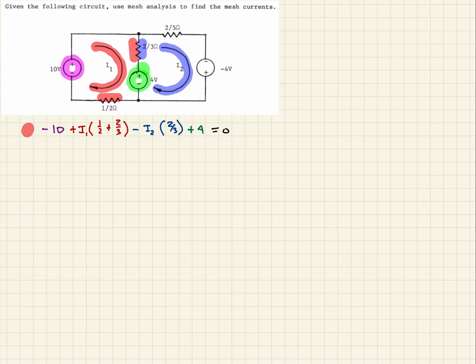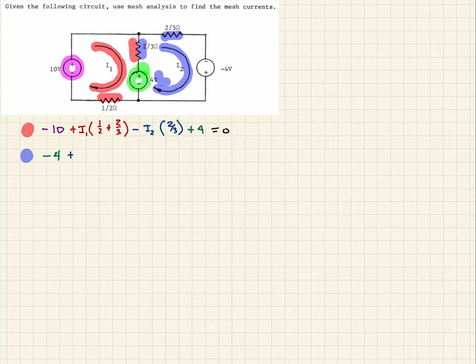So now we want to go over to the blue I2 loop. And first thing we see, coming around the loop here, we encounter the 4 volt source. We hit the negative sign first. So then that's going to be minus 4. And then we see, as far as we're concerned, we have two resistors that I2 goes through.